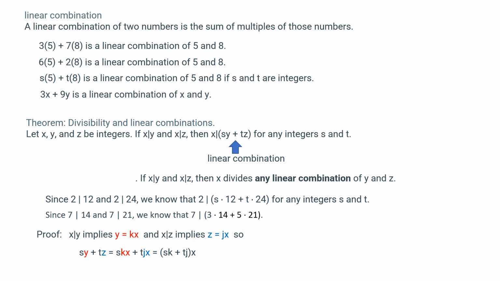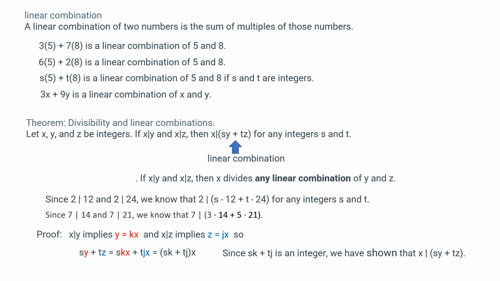When we put that together, we can factor out the x, and now we have that the linear combination equals sk plus tj times x. Since s and t are integers, and k and j were integers, we know that sk plus tj is an integer. That's not from this theorem, that's just something that we would know to be true.